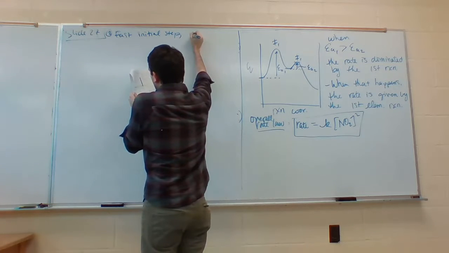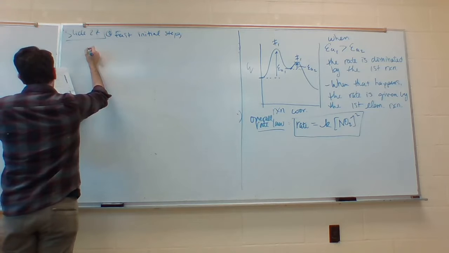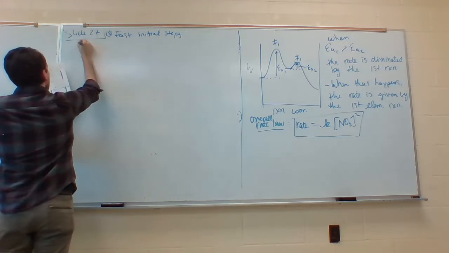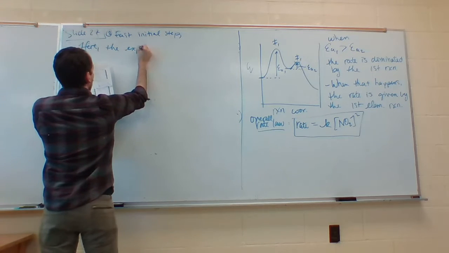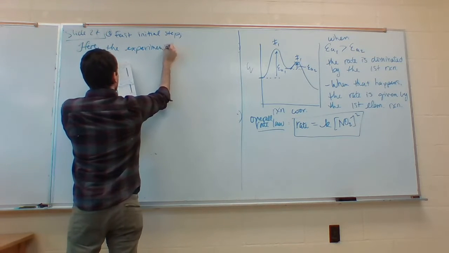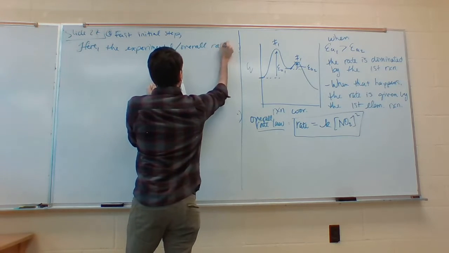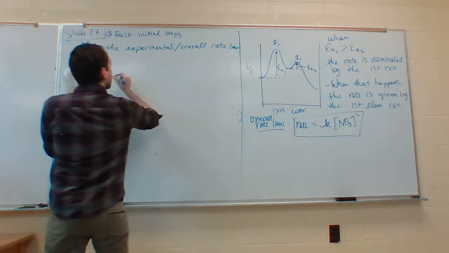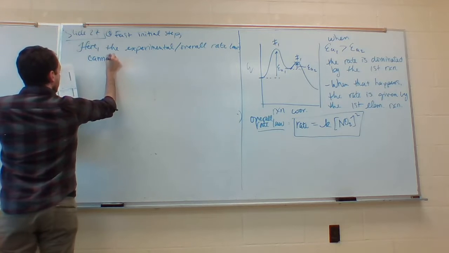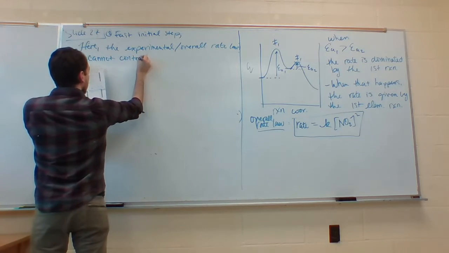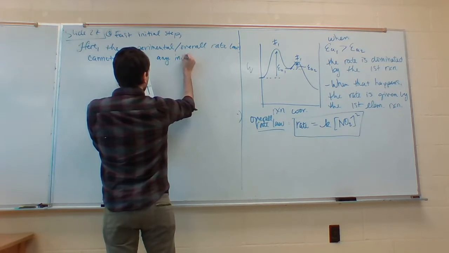When that's the case, for case 2, and we have a fast initial step, here the experimental rate law, or overall rate law, cannot contain any intermediates.